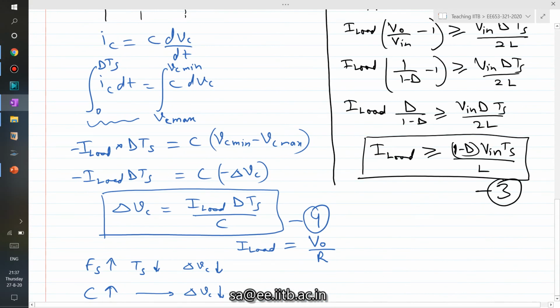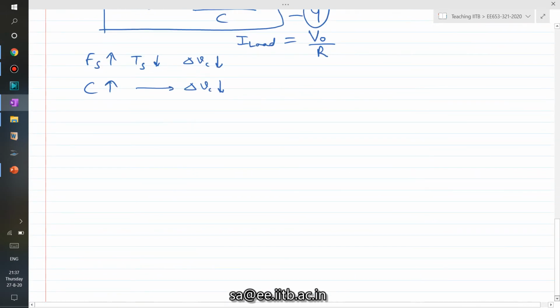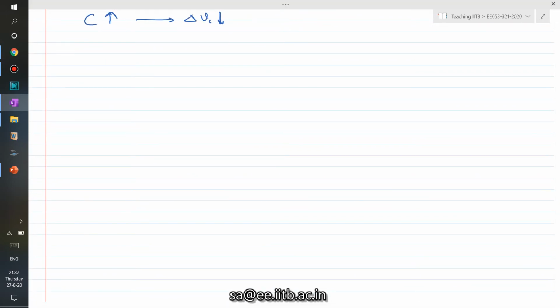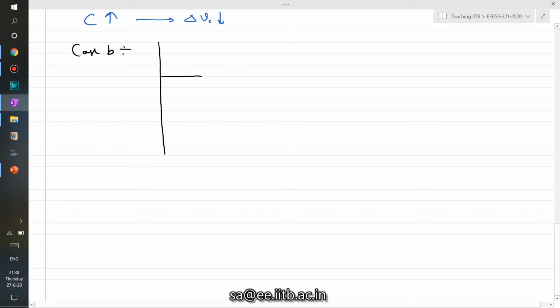Let me redraw case B scenario here, and then we can draw switch current IS2 as this, and let's say this is your I load or average value of switch current IS2.